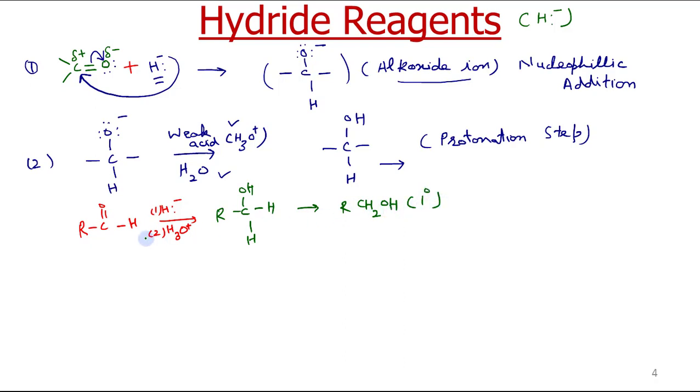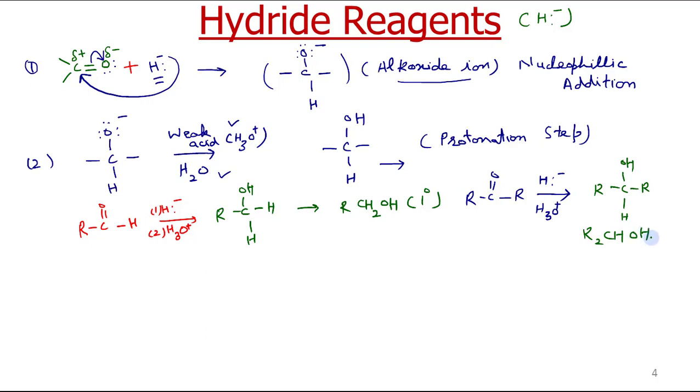The product is a primary alcohol. If it is a ketone, let us see, I will write here R C double bond O R. If we do the same reaction, H negative and H3O positive, the product will be R C R O H H, or we can write R2CHOH.